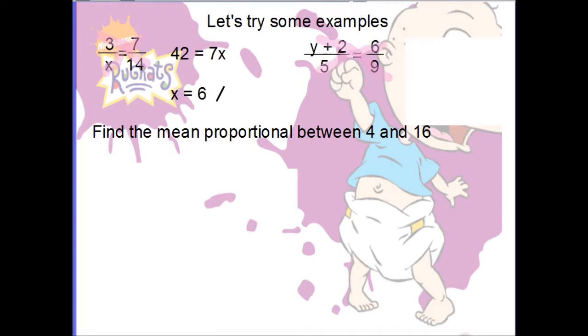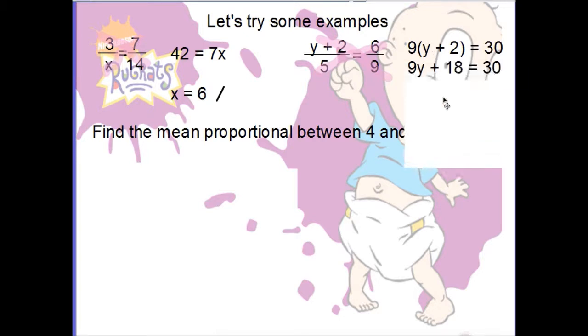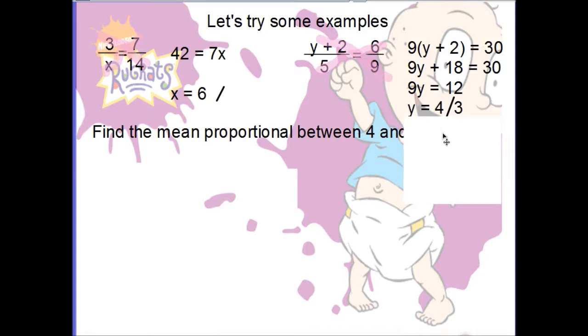I'm multiplying 9 times a binomial, so that binomial needs to go in parentheses, which means we have to distribute. 6 times 5 is 30. Once I distribute, I end up with 9y plus 18 equals 30. I subtract 18 from both sides, and 9y equals 12. Divide both sides by 9 and reduce, and I get y equals 4/3 or 1 1/3.